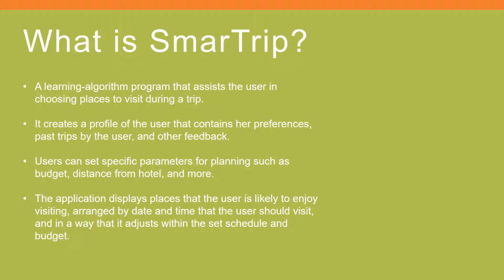Based on all these parameters and on other information that the application pulls, specifically reviews of places that can be pulled from databases such as the Foursquare database or Google Places, the application generates a full schedule of the places that the person should visit. This includes places like restaurants, museums, and other attractions, and it does this in a way that fits the person's schedule and budget perfectly.